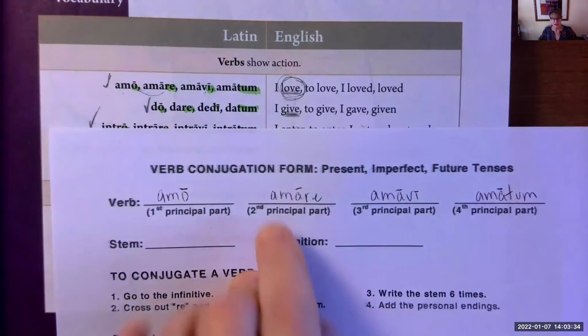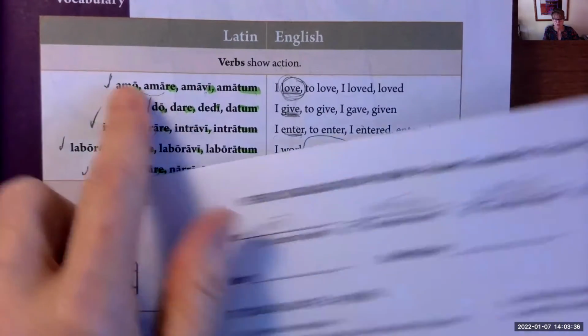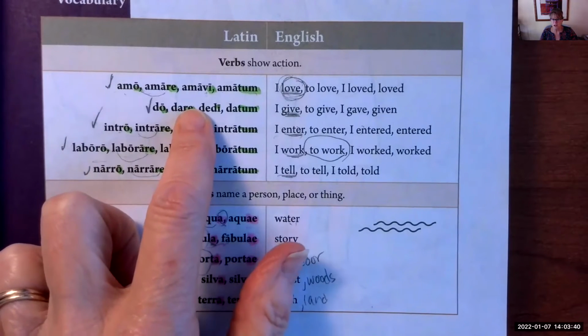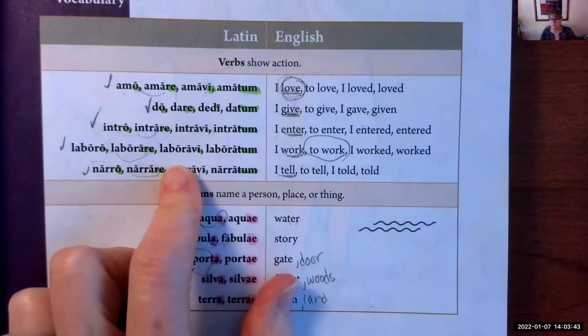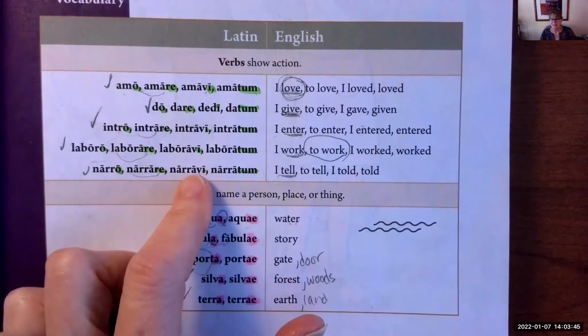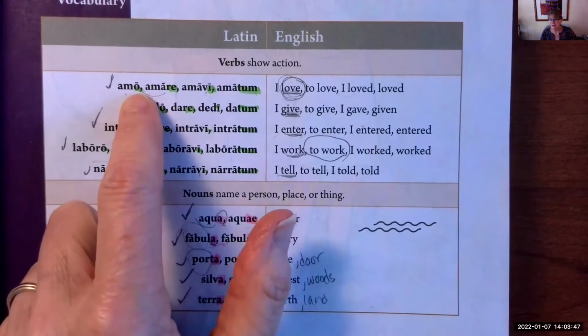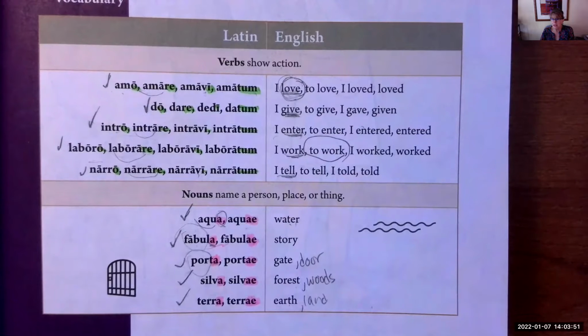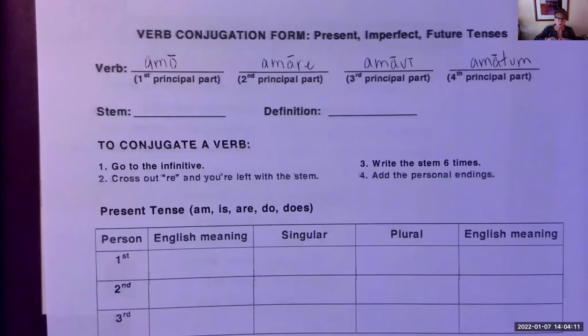Now you can see that in my book, I have colored endings, the color green. I choose to use a color system to help students identify endings, because Latin's all about stems and endings. I just want to make it easier for their eyes to see the ending versus the stem.